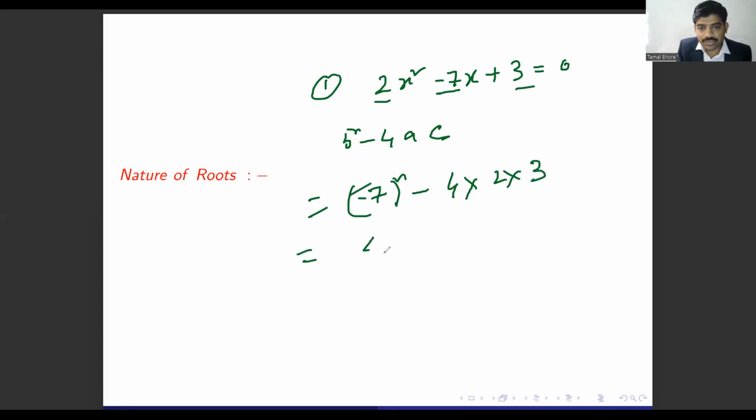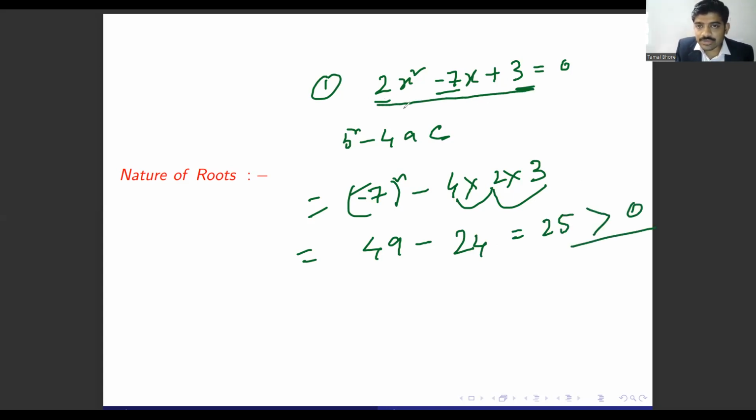Minus 7 square is 49. 4 into 2 is 8, 8 into 3 is 24. So you are getting 25, which is greater than 0. So in this quadratic equation, both the roots will be distinct. I mean, we will get two distinct values.